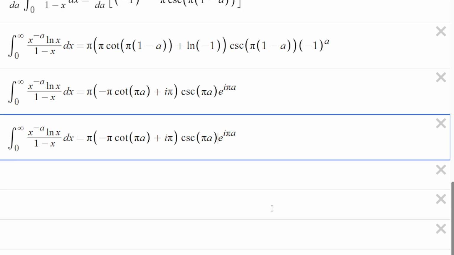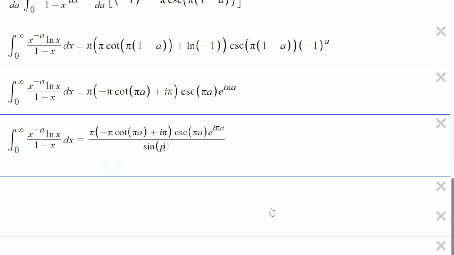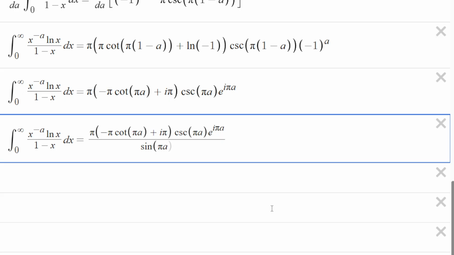And then what I'd like to do is divide this entire thing by sine of pi a. So I divided it by sine pi a, so I have to multiply it by sine pi a. Oh, and really quick, let's go ahead and factor out this pi. So we have pi squared, and then I'm going to put this on the other side.